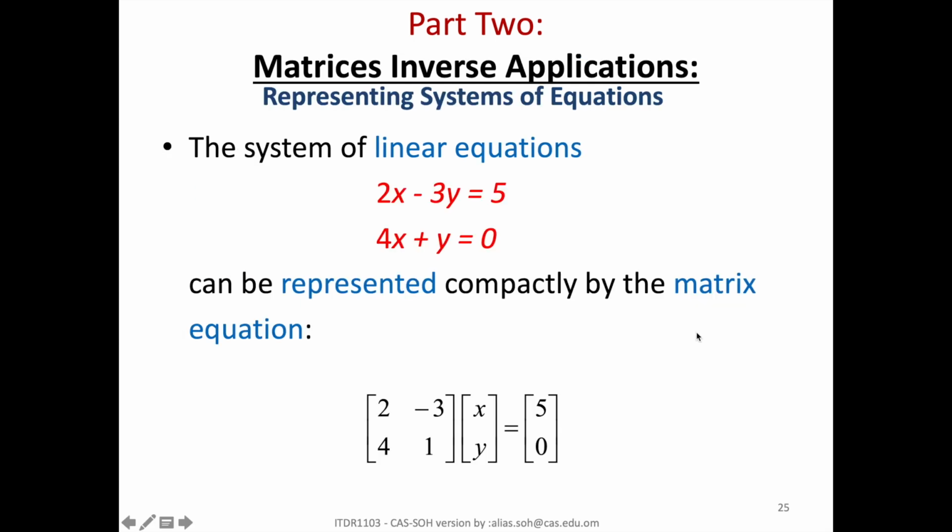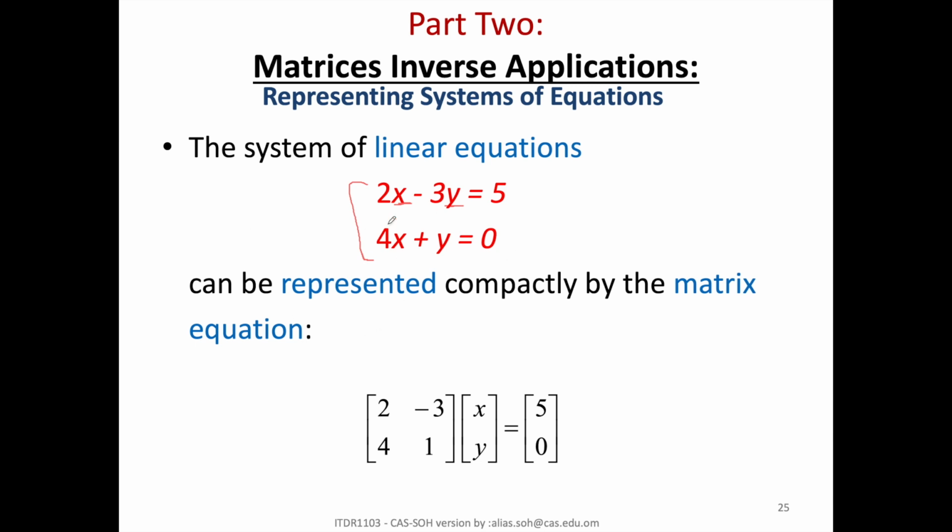Now, where can we use the inverse? The first application is representing a system of equations. So a system of linear equations looks something like this. Whenever I have variables, I need to find the values of x and y.